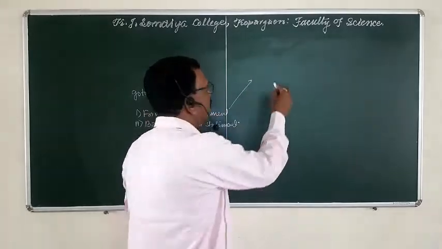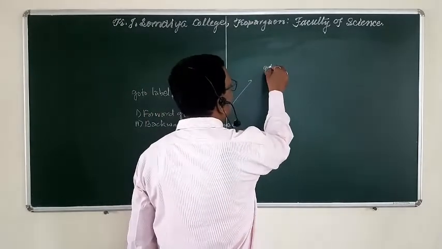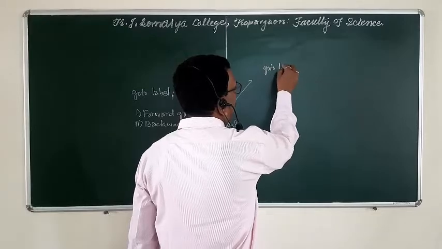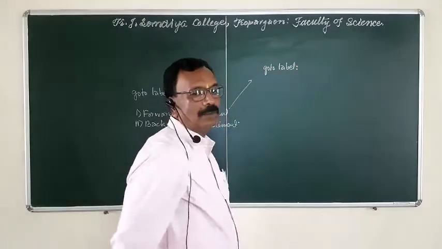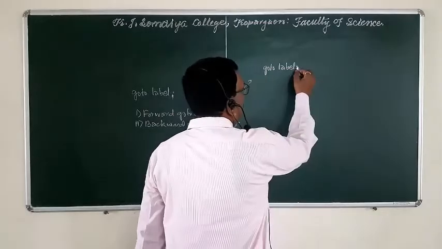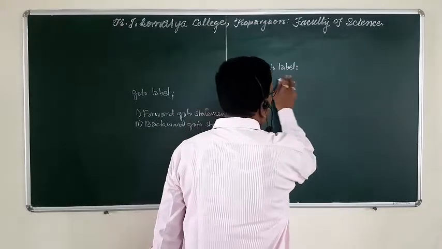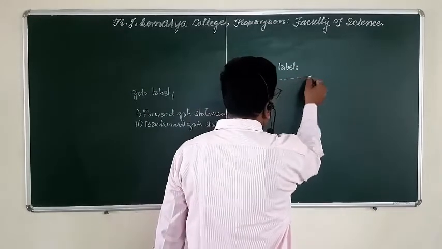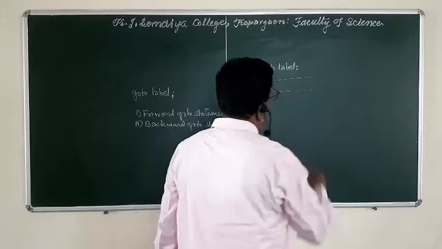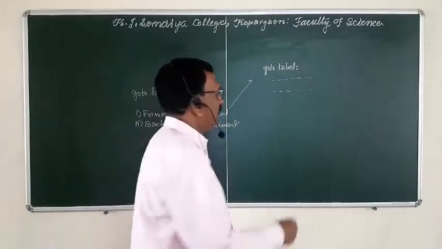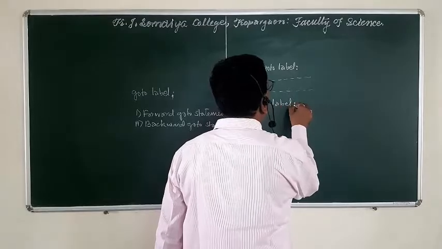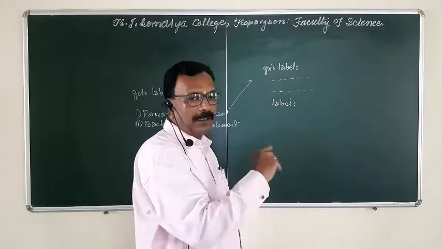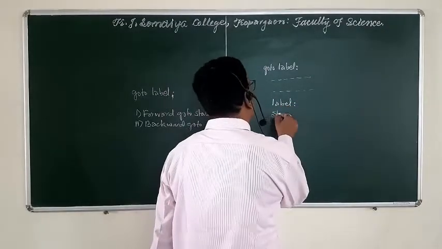This can be written like this: goto is a keyword, then label, then colon. Remember that. Then there are a few statements, then label, and then statement.